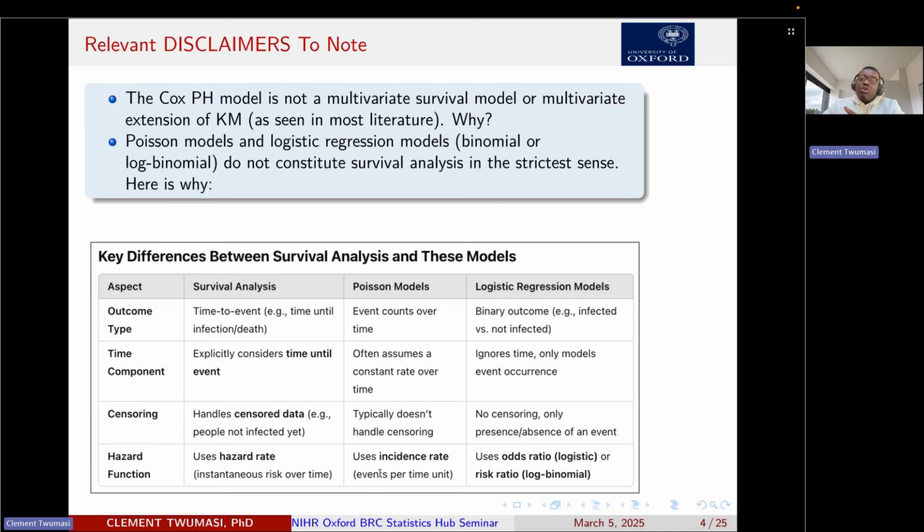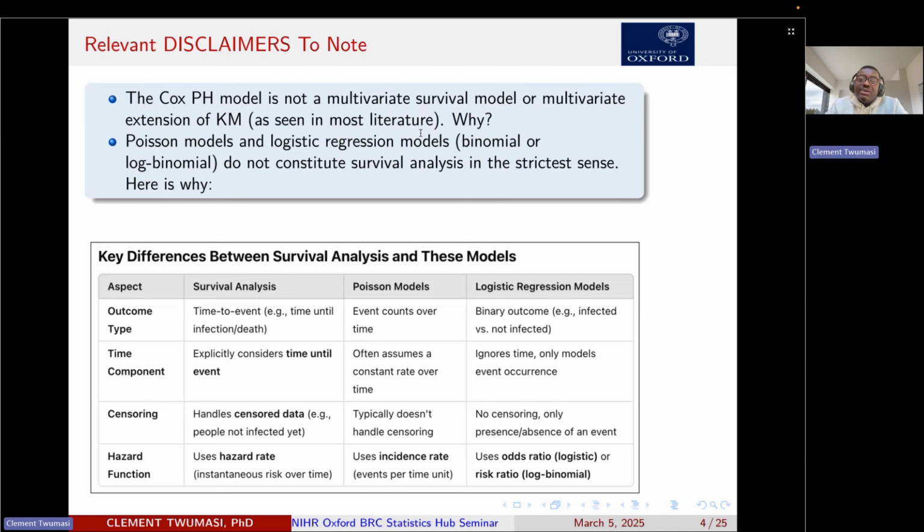That is where the Cox proportional regression model came into being to extend that. But because the Cox model extends the Kaplan-Meier method, most published works assume that the Cox proportional model is a multivariate survival model, which is very wrong. The right wording is that it's a multivariable model.